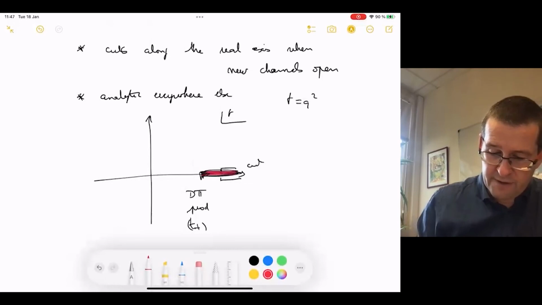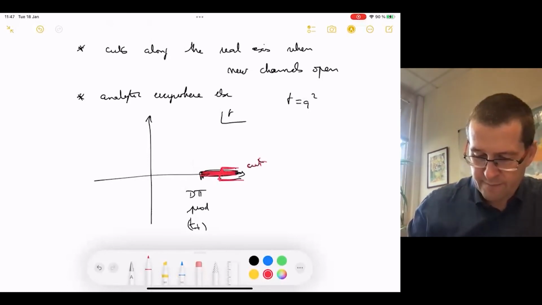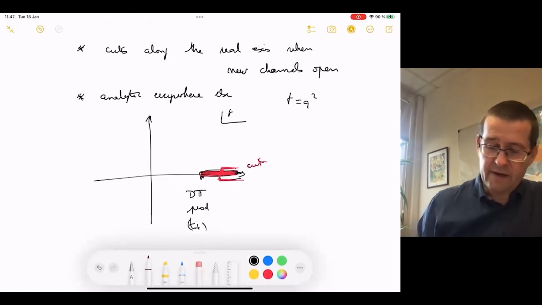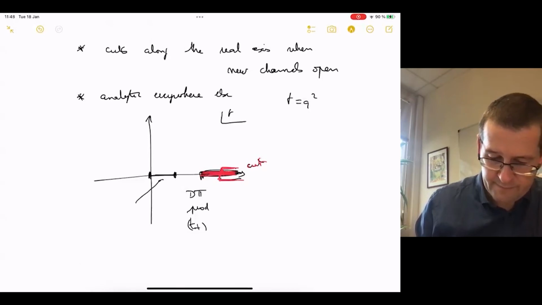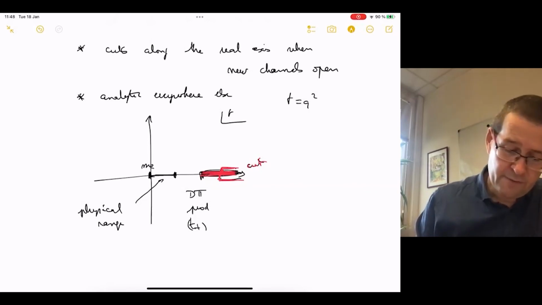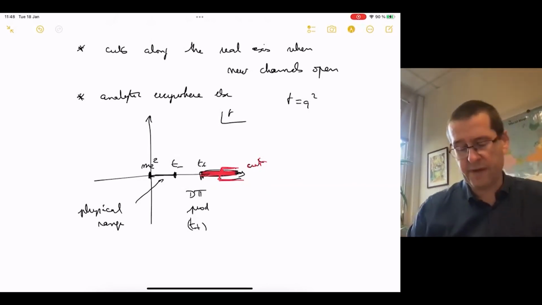So that would be the cuts here, so the non-analytic structures. And then when I'm looking now at the physical range, that's going to be here, coming from m_l squared to t minus and t plus, as I said.